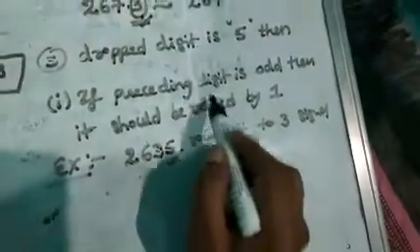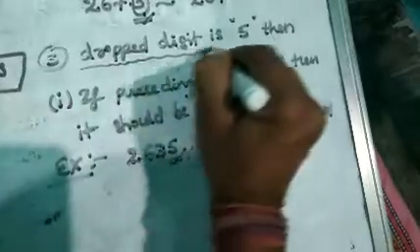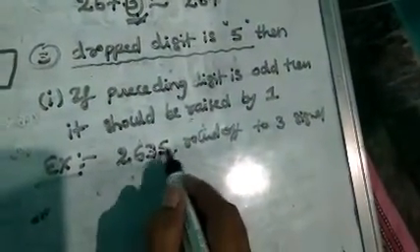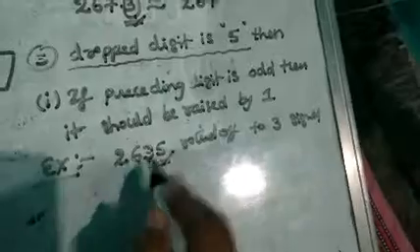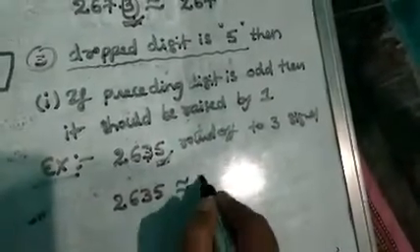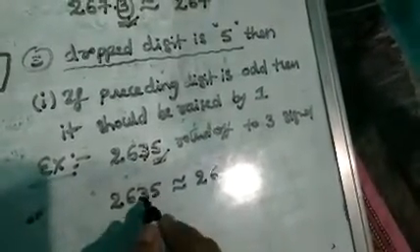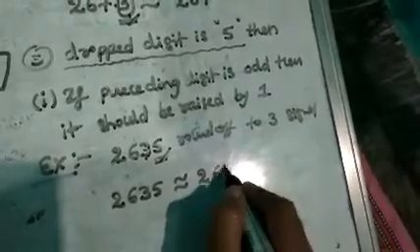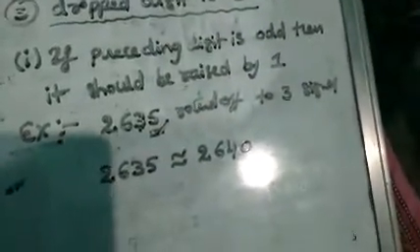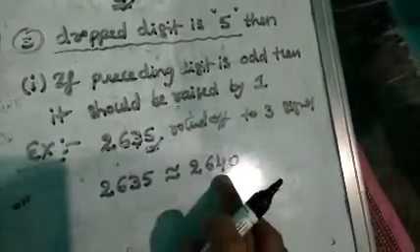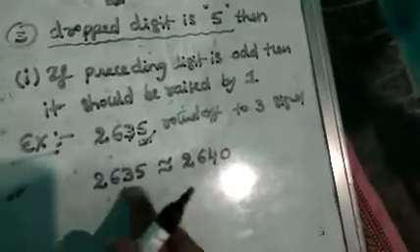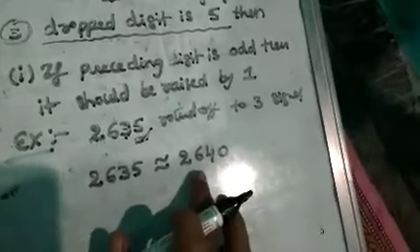The dropped digit is equal to 5, then the preceding digit should be increased by 1. So 2635 is roughly equal to 26, preceding increased by 1: 4. In place of 5, I can write 0. So 264 is 3 significant figures, and 0 is not countable. So 2635 is roughly equal to 2640.